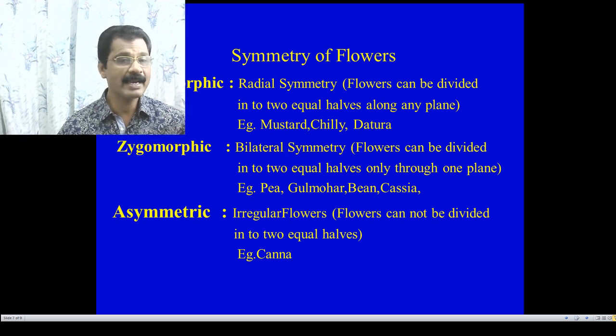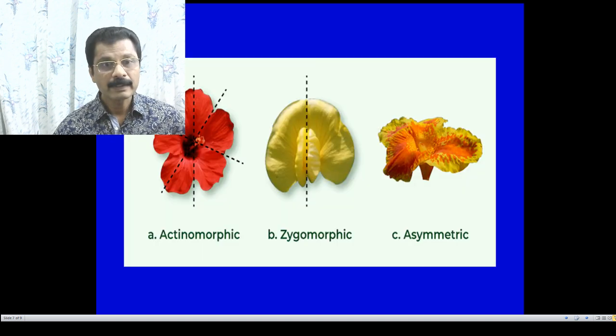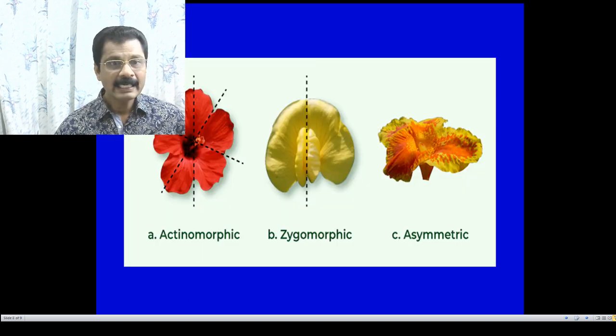Then asymmetric, irregular flowers. Flowers cannot be divided into two equal halves. Example, canna. Right? Do you follow me? Here you can see this is an actinomorphic flower.